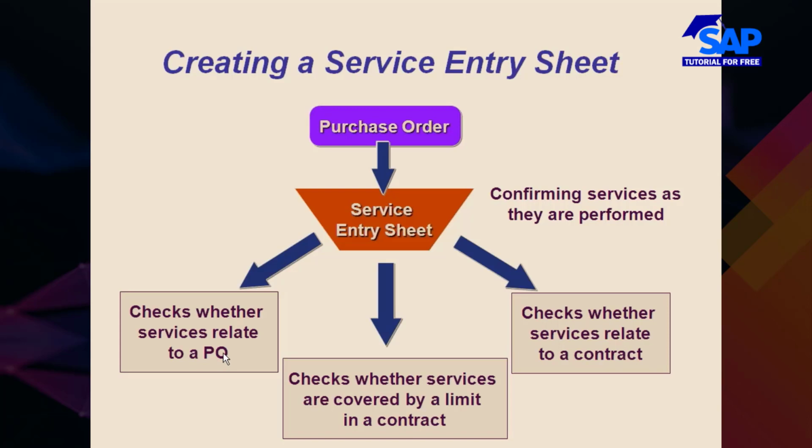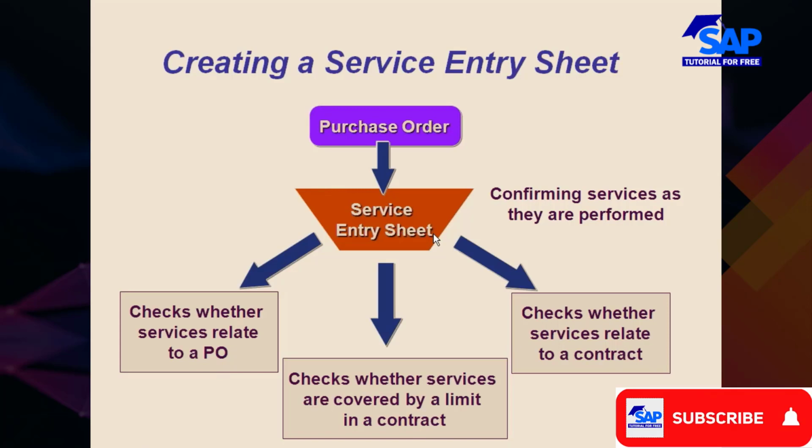Once the purchase order is created, you'll have to create a service entry sheet by which you are confirming the services which are performed, and then these need to be checked and accepted by the service receiving team. Upon receiving it, you have to create a service entry sheet and post the acceptance.